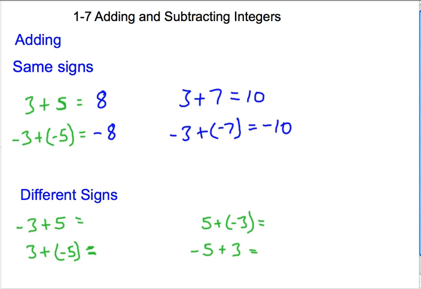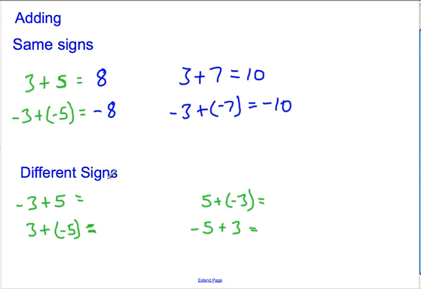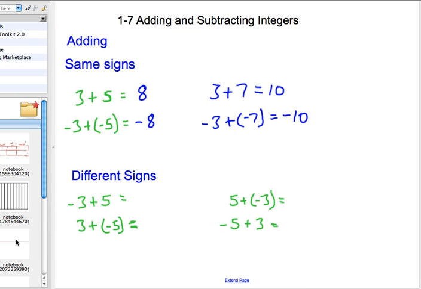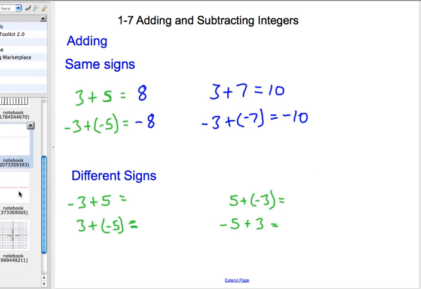And when they have different signs, it's actually like subtracting. What we have here is a negative 3 plus 5. And if we use a number line, let's say we had a number line.